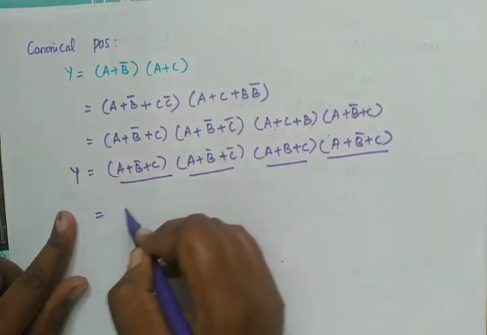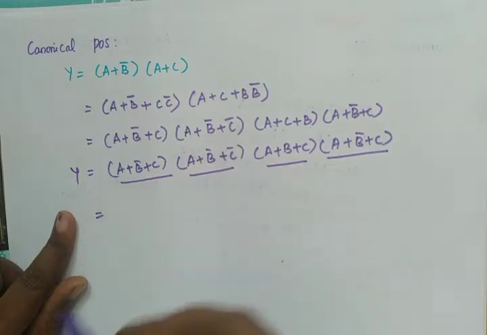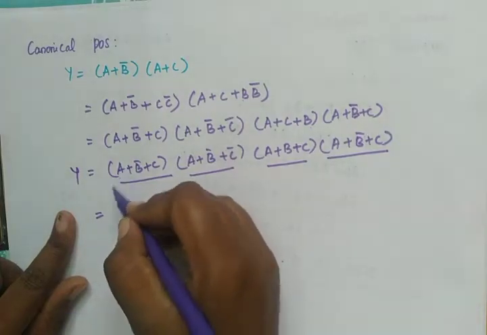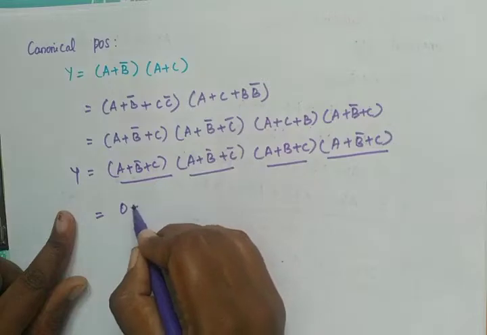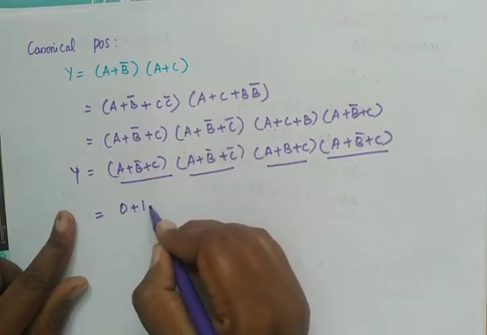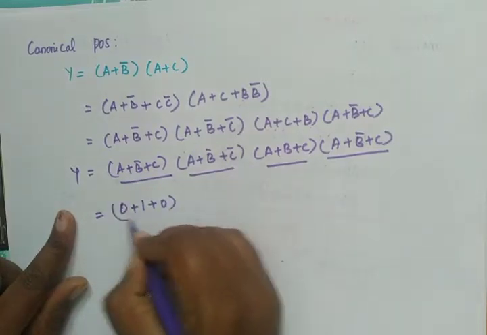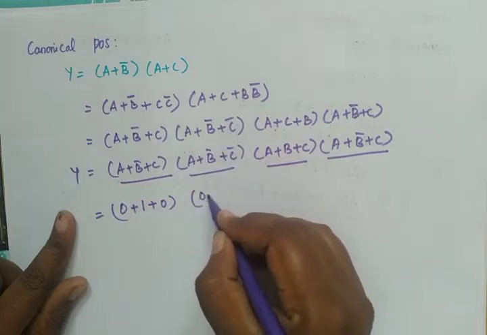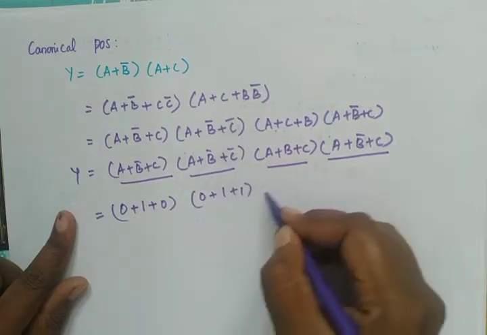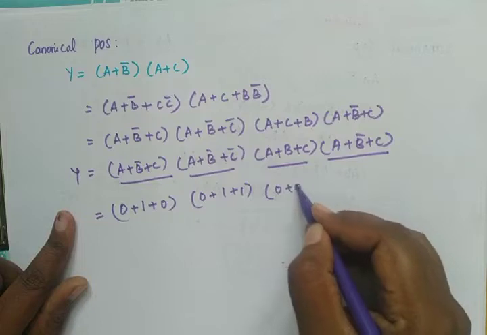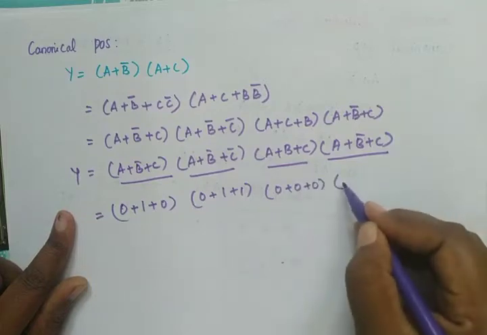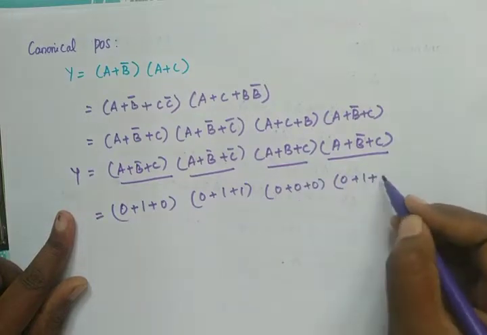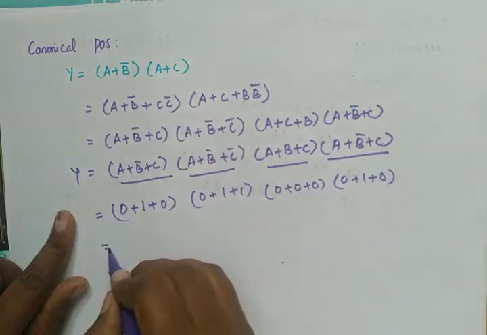How can we represent this in the decimal form? We know here A represents 0, plus B' represents 1, plus 0, and here it is 0 + 1 + 1. And here it is 0, 0, 0. And here it is 0 + 1 + 0. Now what is the equivalent term?